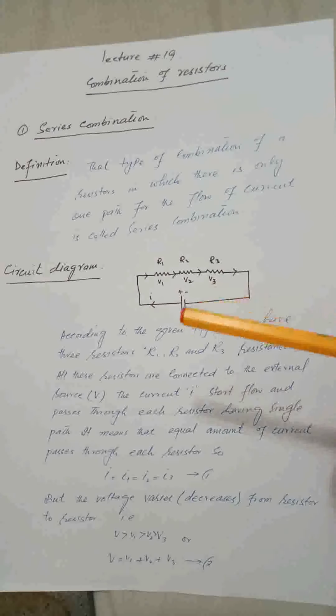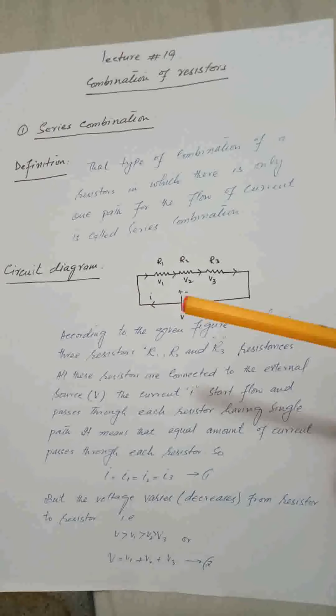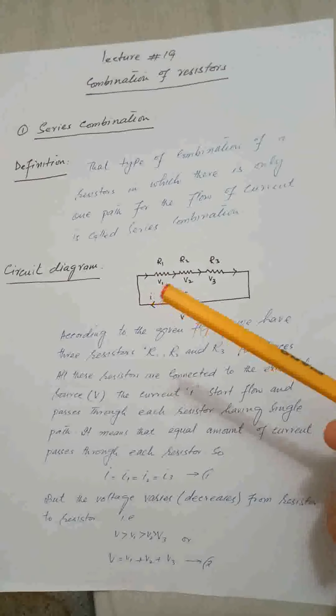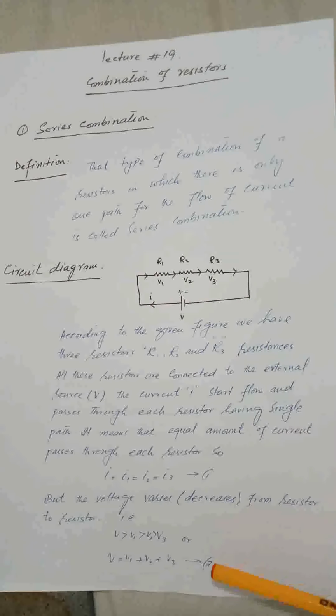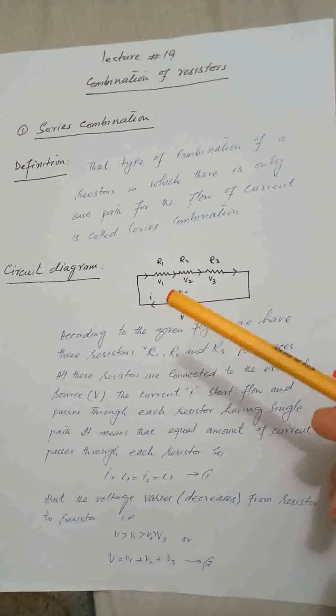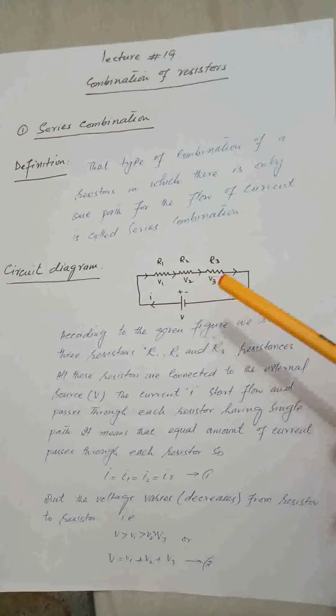Therefore, the total voltage supplied by the battery is equal to V1 plus V2 plus V3, as shown in equation number 2. But the current in series will remain the same. Why will the current be the same?